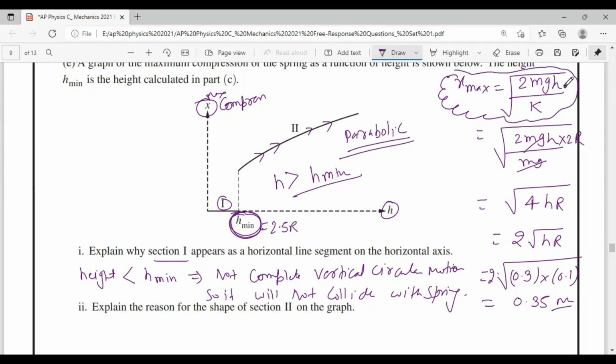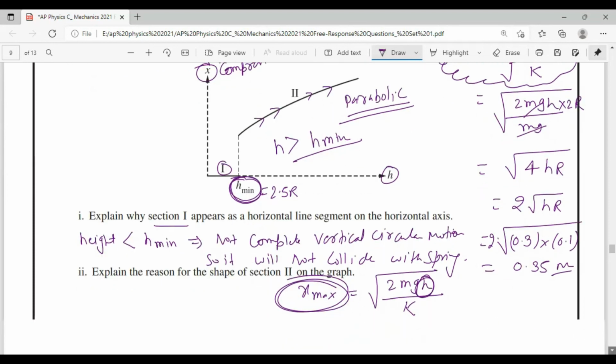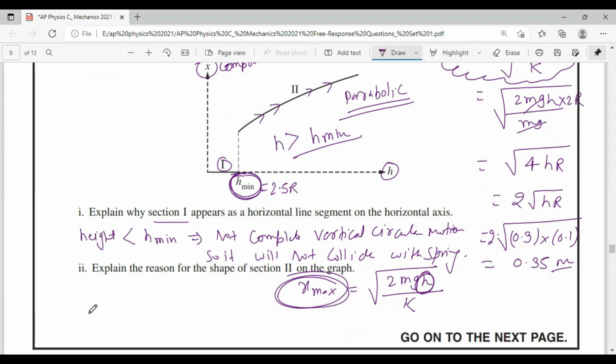As you can see, x maximum is equal to the square root of 2 mgh upon k. So the relation between x and h is a square root relation, not linearly proportional. That is the parabolic relation. X is proportional to the square root of h. So due to this parabolic relation, the shape of the section 2 graph is a parabola.